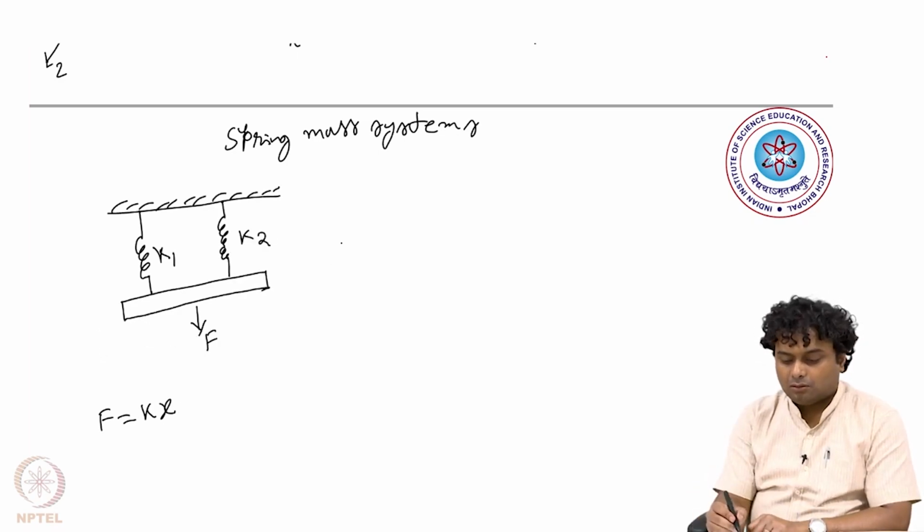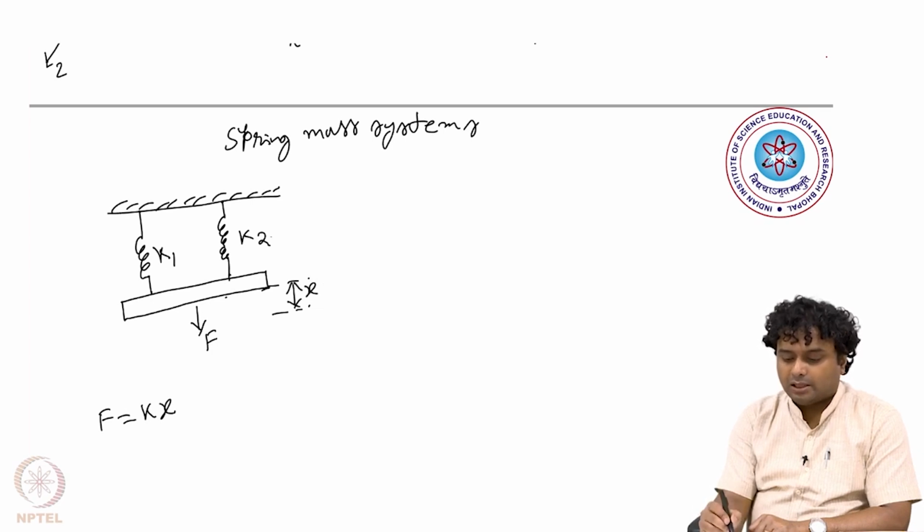Okay. So, now see these two springs having stiffness constants K1 and K2 are connected in parallel to each other to the same mass. Now, if I apply some force F, then it is going to deflect by the same amount for both the cases. Let us say that is x.